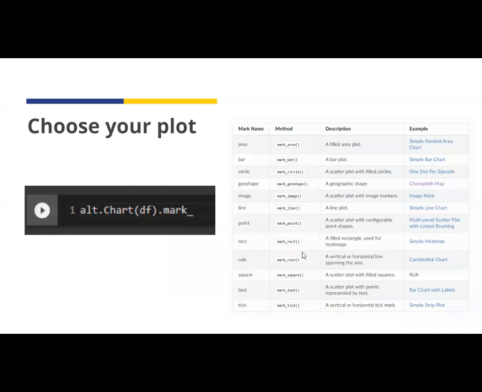Pretty straightforward. Different kinds of things where you might get like a line plot here, for example. Like I said, it would be useful for you to browse the documentation just so you can get a sense of what kinds of things might be available to you.